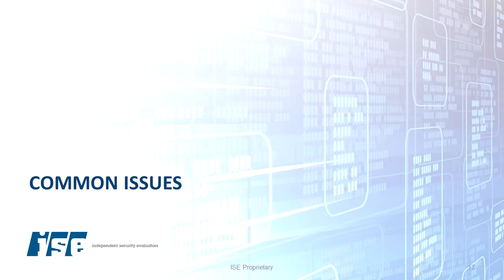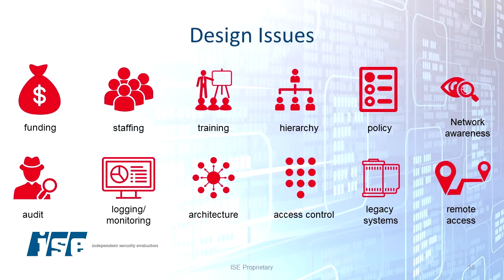So I mentioned before that in addition to some of the security vulnerabilities, there are some really common business issues that we identified. There are a lot, several dozen we found, but they range everything from insufficient funding, insufficient staffing, insufficient training.